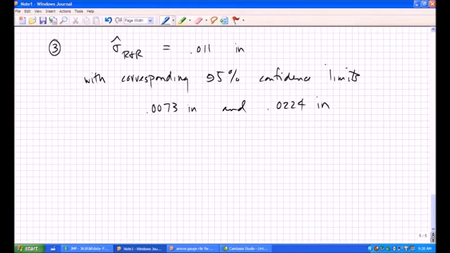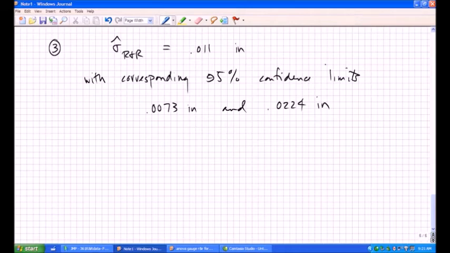And those are quantifications then of how much variability in measurement can be charged to differences between operators. That's sigma reproducibility. How much is sort of inherent to the way that every operator uses the equipment to measure individual parts. That's sigma reproducibility.